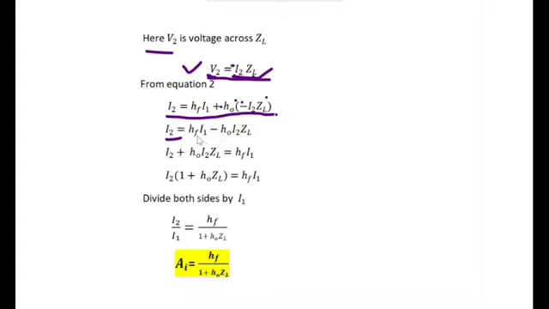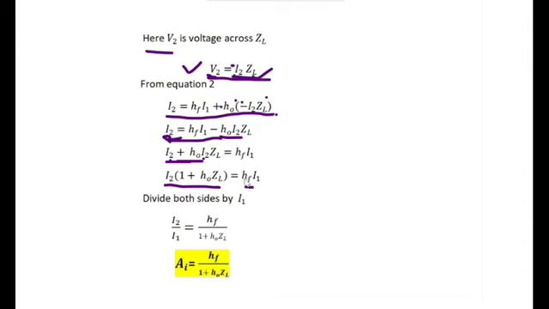So if we transfer this term to this side, we get I2 plus HO into I2 into ZL is equal to HF into I1. In this equation I2 is common in the two terms, so if we take I2 common, we get I2 into 1 plus HO into ZL is equal to HF into I1.